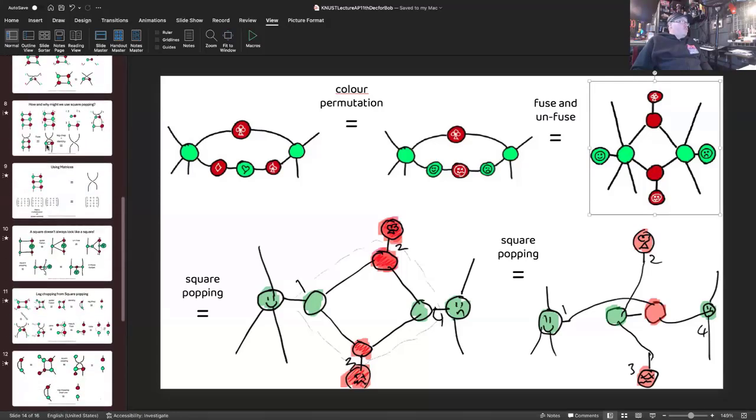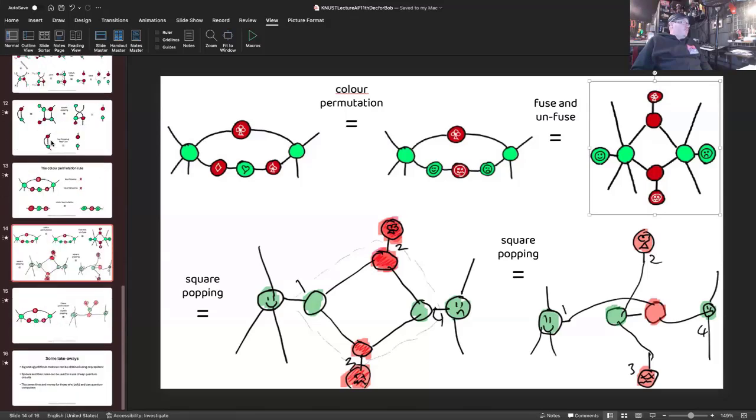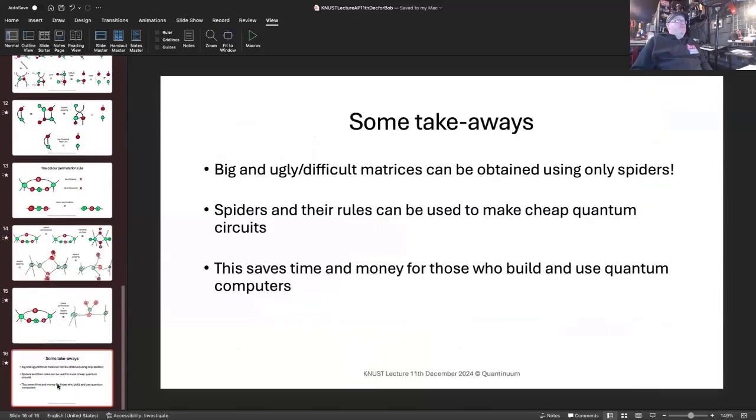So Anna wrote down some conclusions. I'll tell them. Basically, these are things you knew already. Big and ugly difficult matrices can be obtained using spiders only. Spiders and their rules can be used to make cheap quantum circuits, and this saves time and money for those who build and use quantum computers.